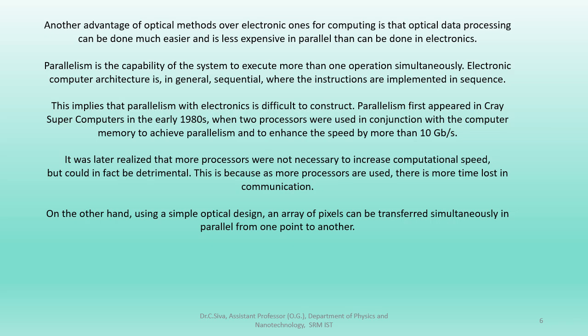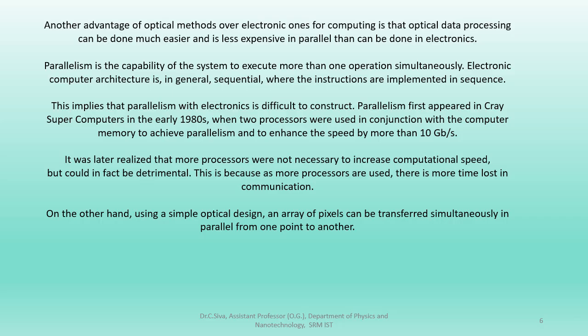Another advantage of optical methods over electronic ones for computing is that optical data processing can be done much more easily and is less expensive than with electronic devices. Parallelism is the capacity of a system to execute more than one operation simultaneously.